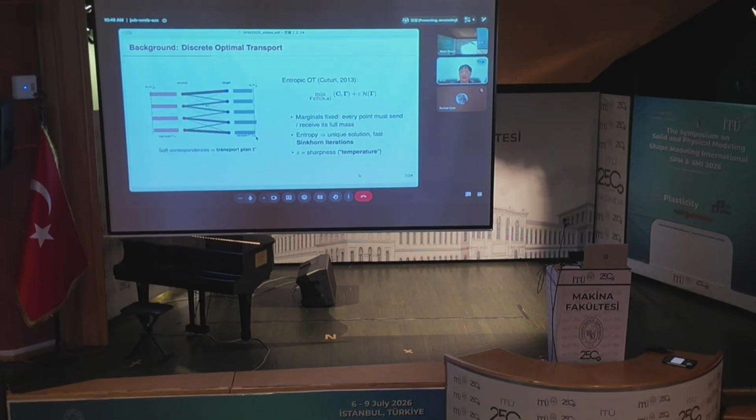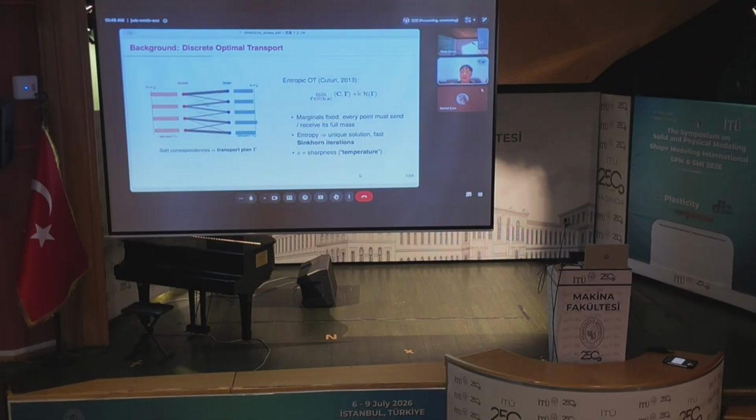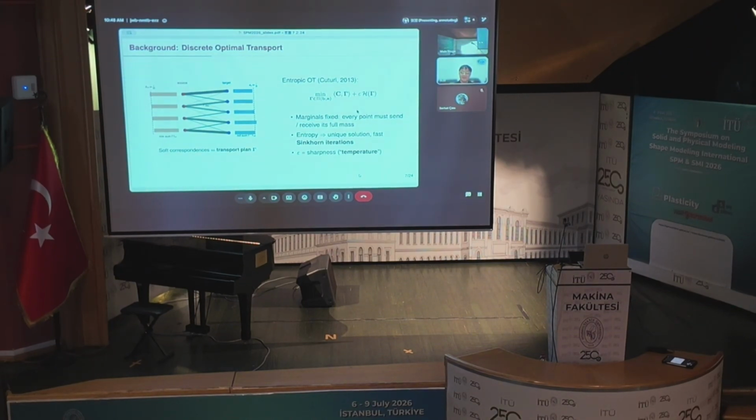Please notice such a correspondence matrix is exactly a transport plan. It is easy with entropic regularization. This problem is easy to solve. We can use Sinkhorn operations that are simple and fast. Here, epsilon works like temperature. It controls the sharpness of the plan.